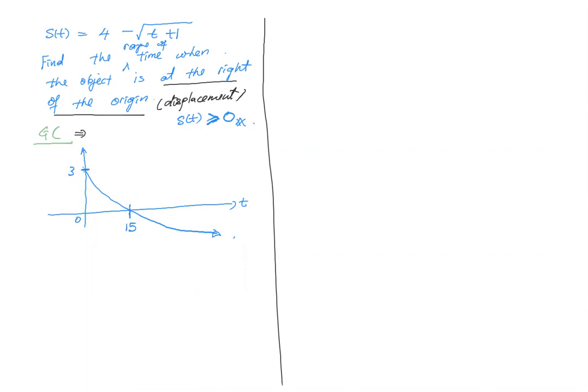Do you know how to get this value using your GC? Yes, you use second trace and find the x-intercept, x0. Okay, so now what is the answer for this question then?